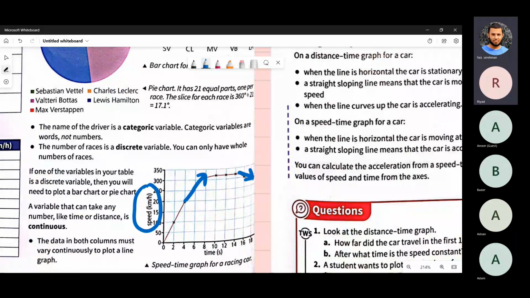If it is speed, then only our answer is correct. But if this was distance, you cannot say acceleration and deceleration. The distance is increasing and then decreasing, meaning you are returning to the same position from where you started. So I'm not going into that.